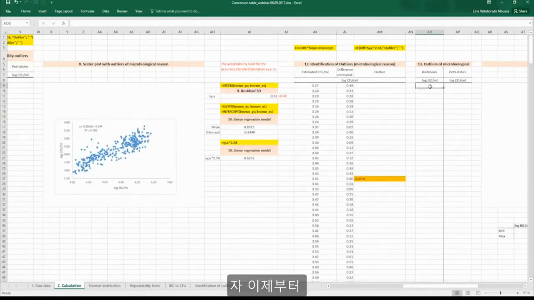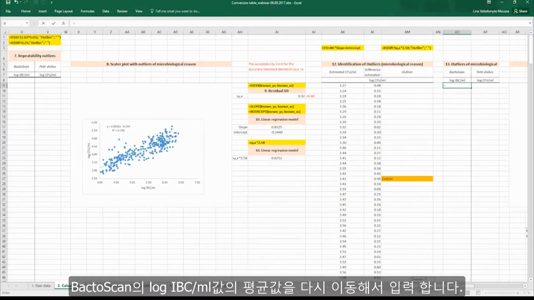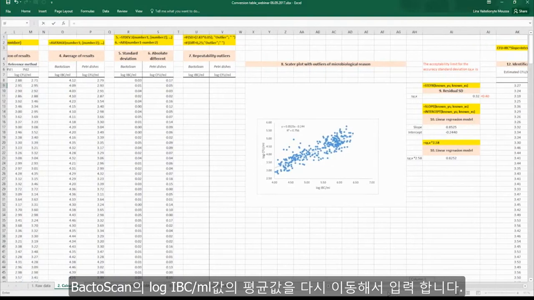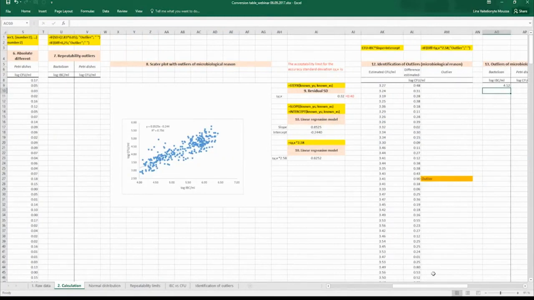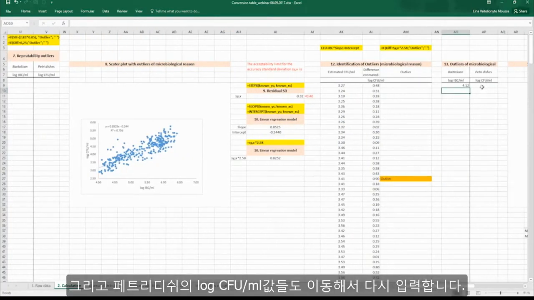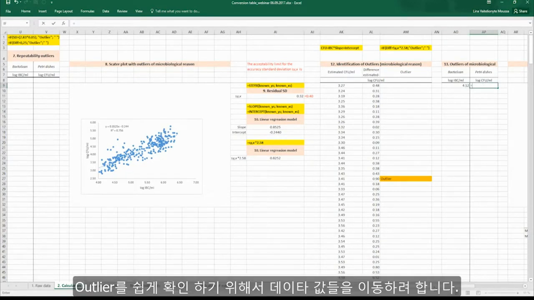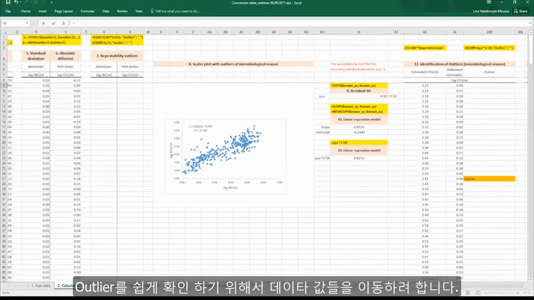So what do we do now? We are writing down logarithmic IBC per milliliter, the mean value, and then we have logarithmic CFU per milliliter, the mean value. I'm just transferring this data here to make it easy to see and to understand what is going on.